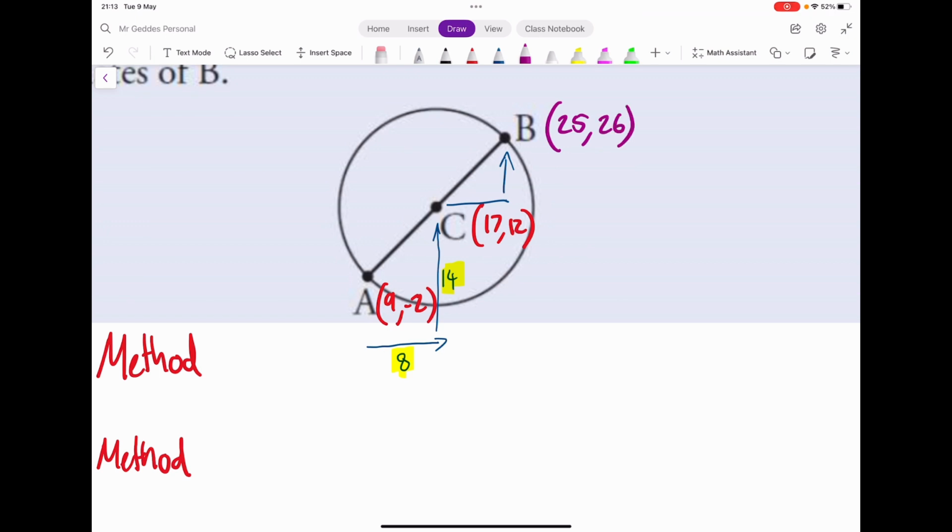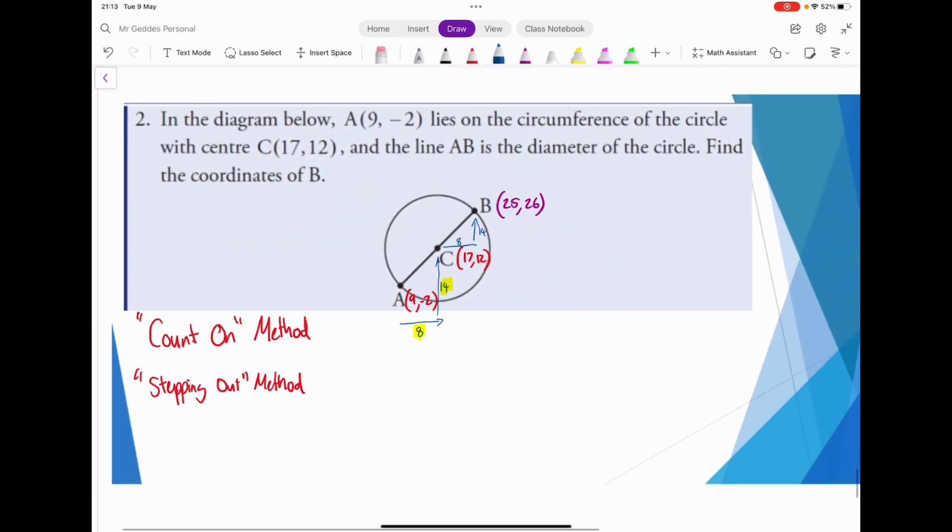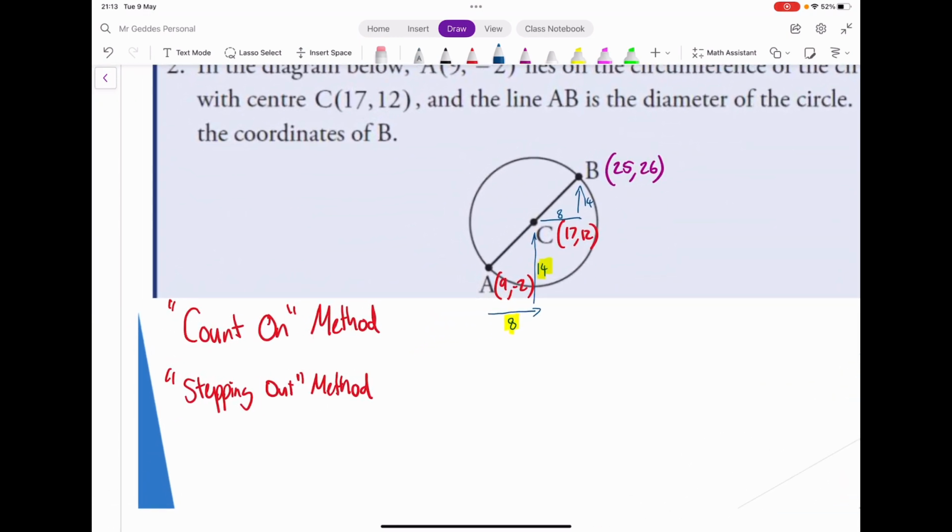So using the count on method, you go along and up, but the exact same number each time. So it's related to the 2 formulas that we just talked about. And again, another important couple of things to remember for the future. We've got the count on method. Stepping out is also another name for it.